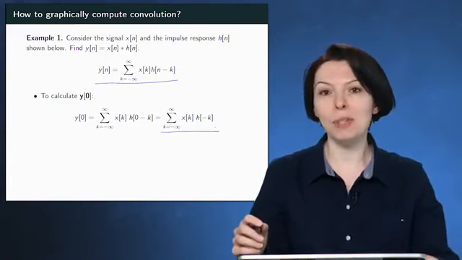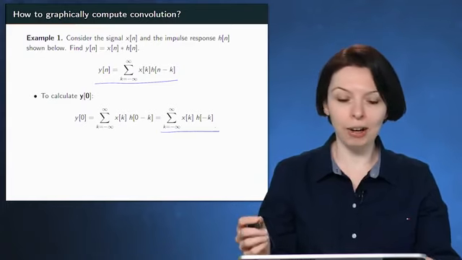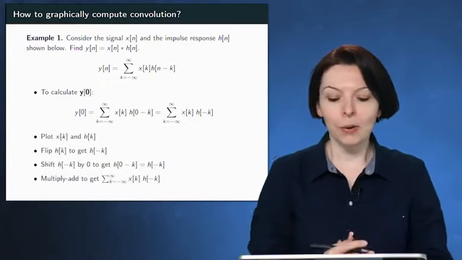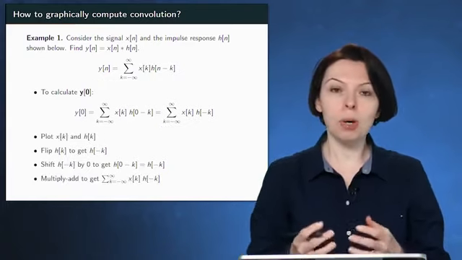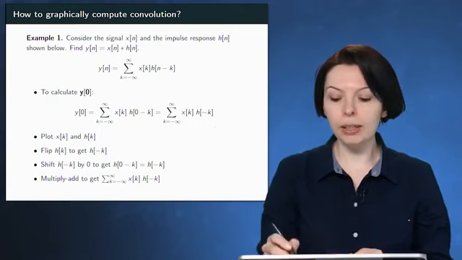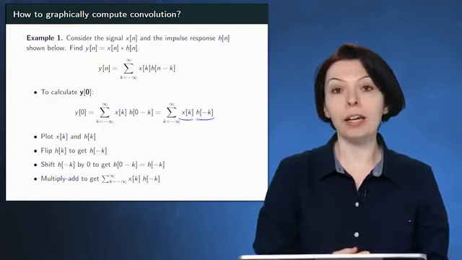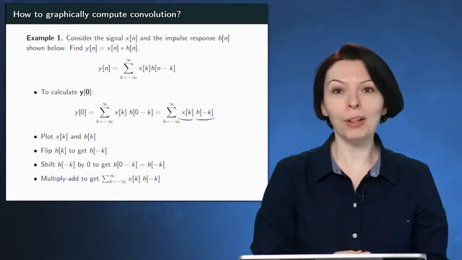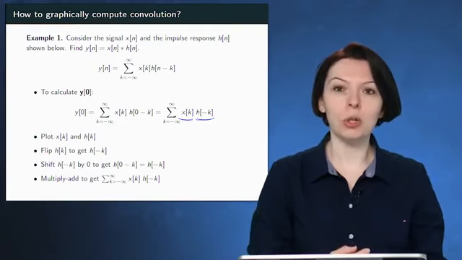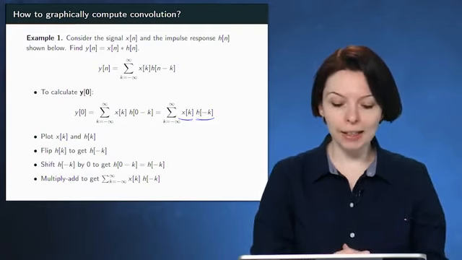These two are discrete time signals, so k can only take integer values. All right, if I want to do this process graphically, I can plot x of k, then plot h of k, and using that plot, flip the signal h of k and plot h of negative k.